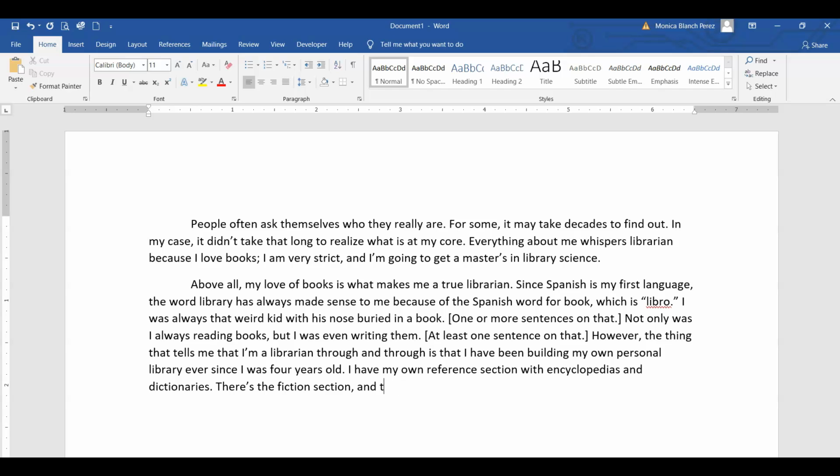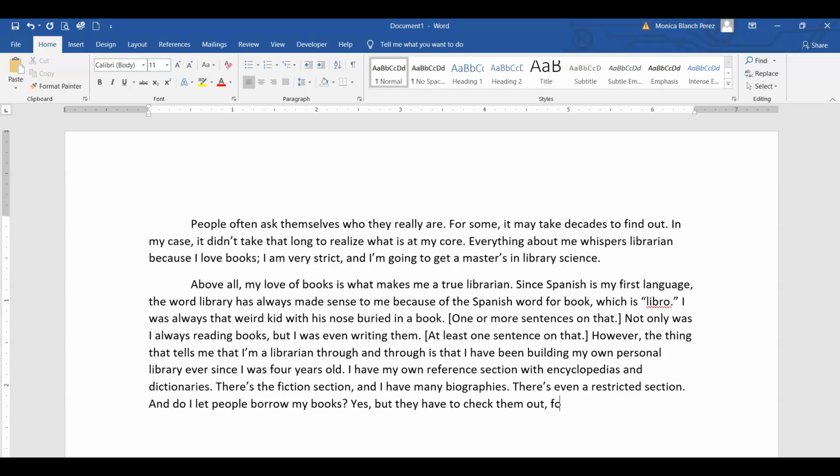I have many biographies. There's even a restricted section. And do I let people borrow my books? Yes, but they have to check them out, for which I have some library cards.